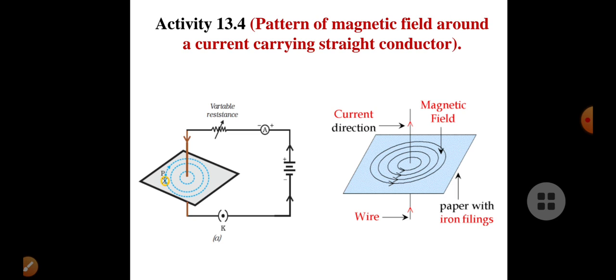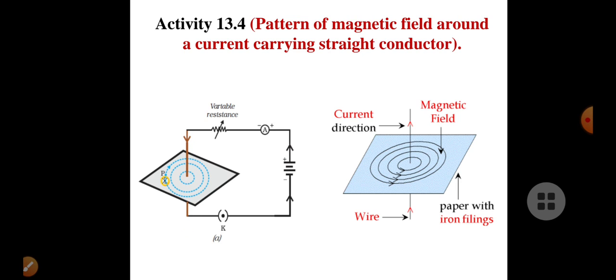Means we have connected this wire with the connecting wires, and the battery is a source of EMF which will produce current through this circuit. Now, as we turn on the battery, means when we close the key, then current will start moving through the circuit, and it will produce a magnetic field around this wire.